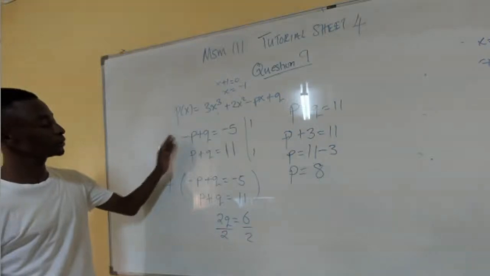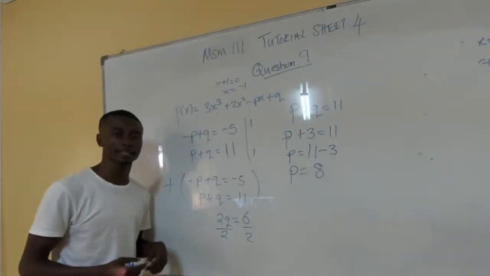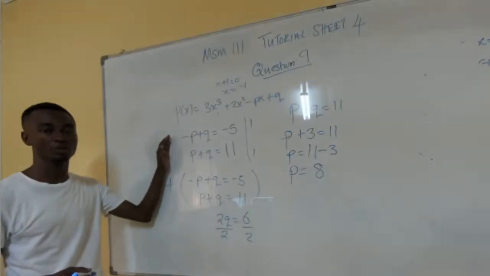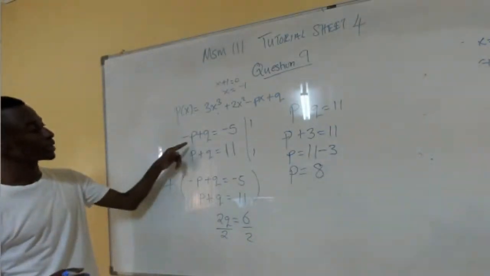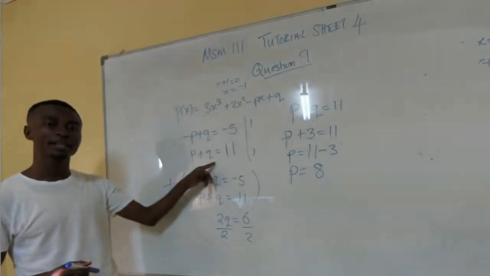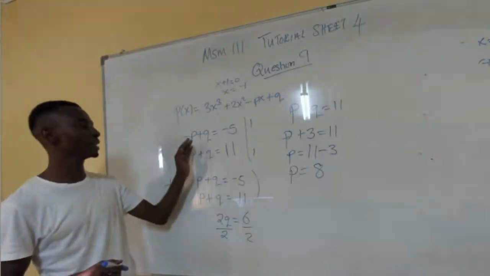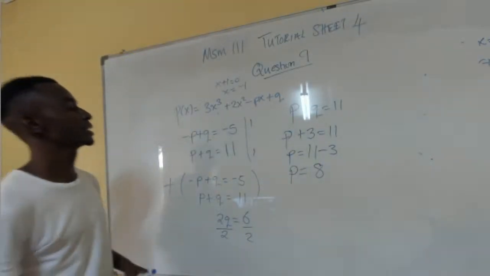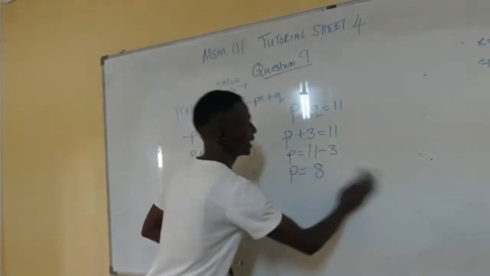So we've solved for P and Q simultaneously because we had two equations with two unknown quantities, P and Q. You can't solve for P and Q if you decide not to use simultaneous equations.